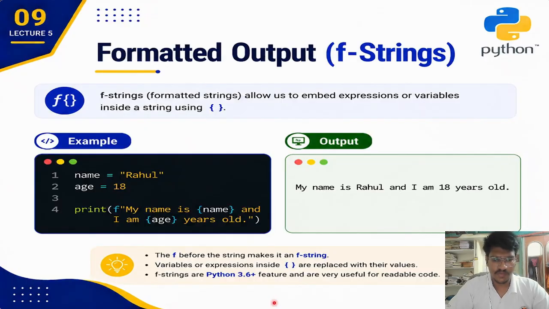This could be a variable name or a number like 10 plus 5 or 25, a function call like length of name or name dot upper. We will discuss functions after this.